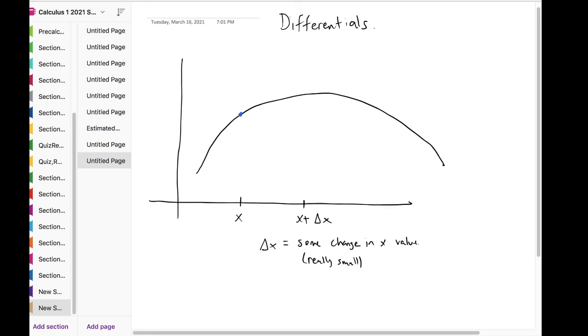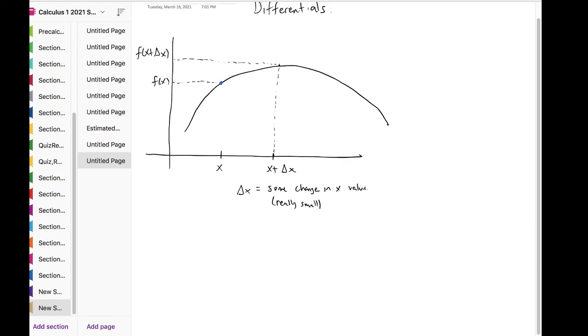So this value here is f of x. And then this value here is f of x plus delta x. Okay, so f of x plus delta x. That's x plus delta x.